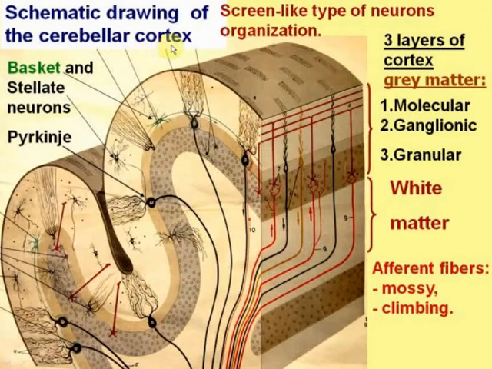This is a schematic drawing of cerebellar cortex. You see the two gyri in 3D, transverse section and longitudinal section. You see the molecular layer of gray matter outside. Ganglionic layer consists of Purkinje cells and deeper white matter.